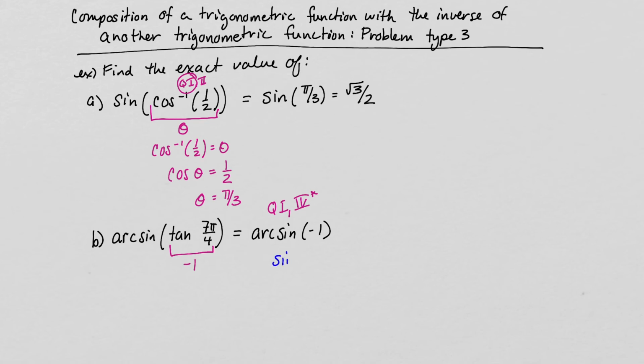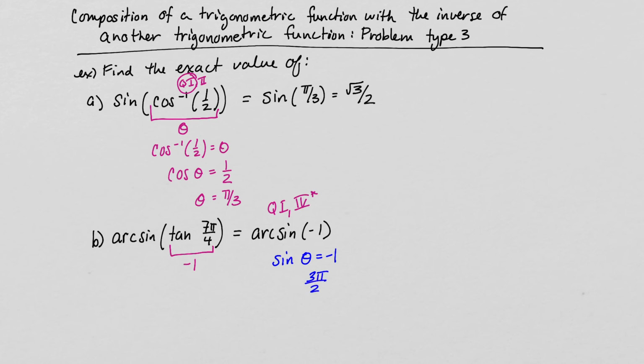We're saying that the sine of some angle theta has to turn out to be -1. And if you look that up on the unit circle, you will end up seeing that the place where it's equal to -1 is 3 pi over 2.